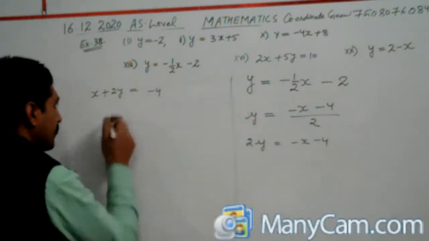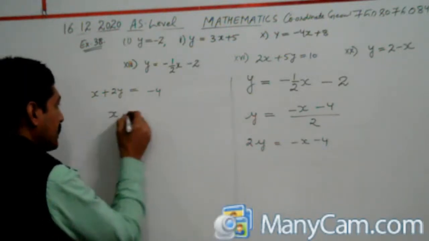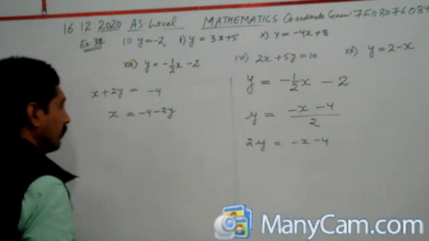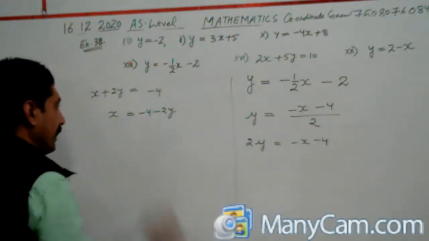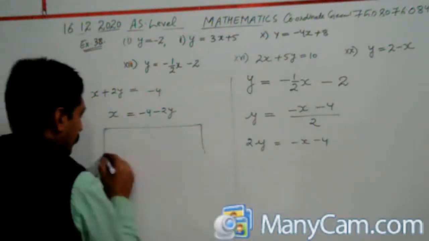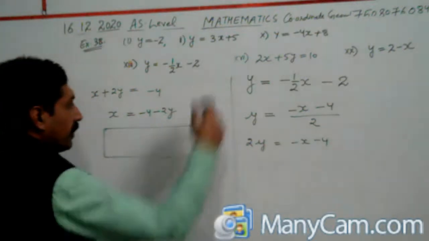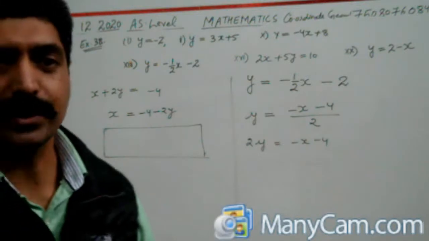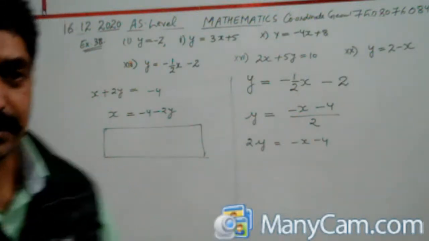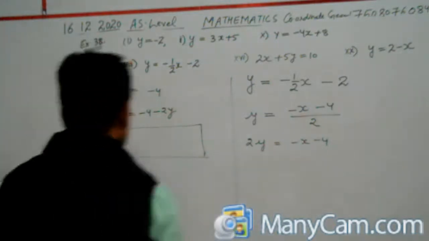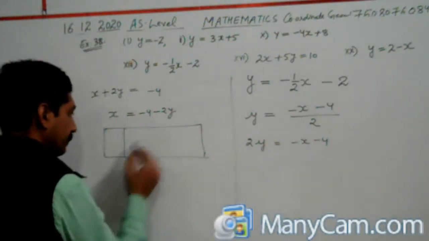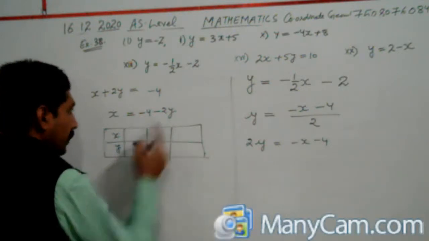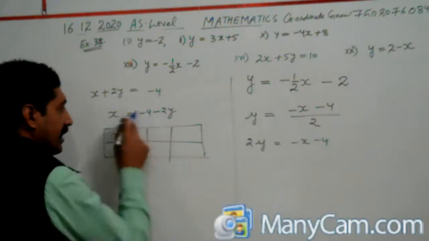Or what is x? X is equal to minus 4 minus 2y. Now here I am writing x in terms of y. In earlier examples, we were writing y in terms of x. It hardly matters; you can write both ways. So here we have x and y. When y is 0, x is minus 4.